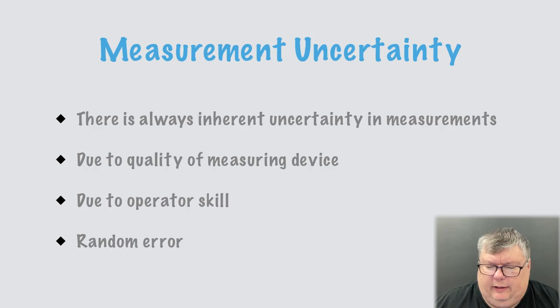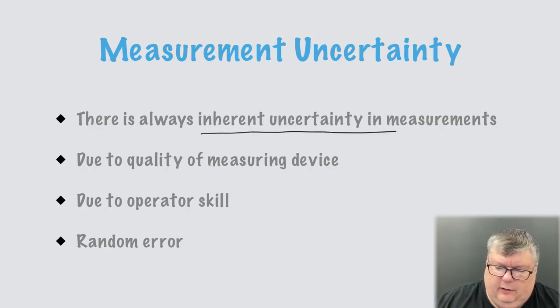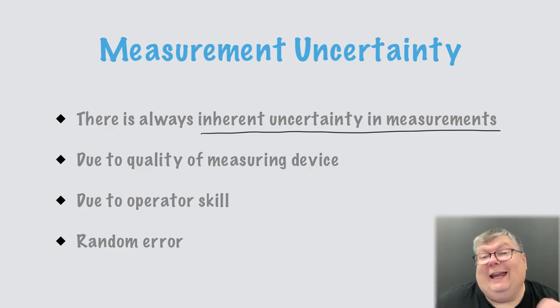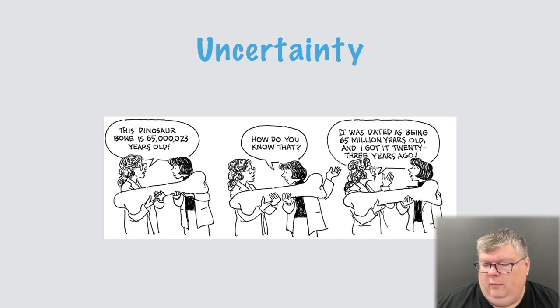Now, uncertainty, as I have said, there is always an inherent uncertainty in measurements. You can't get away from it. It's impossible. It's due to the quality of the measuring device, due to operator skill, and due to random error. The concept of uncertainty is best displayed by this cartoon.